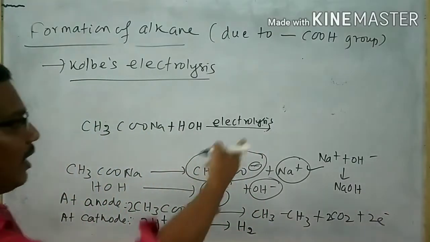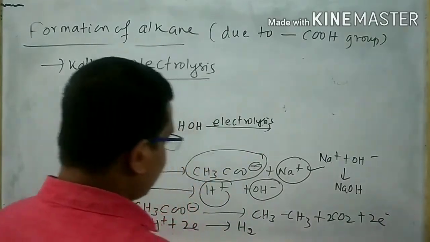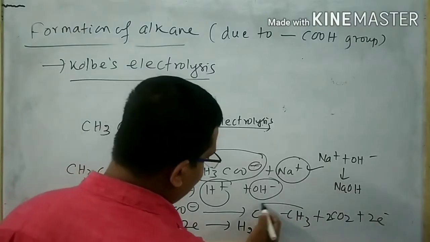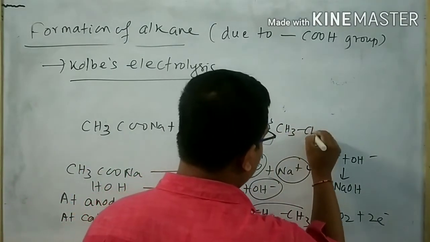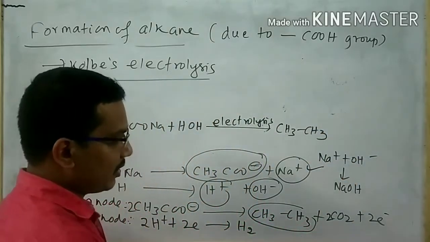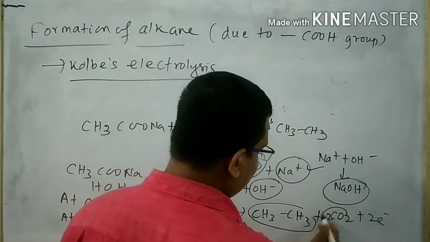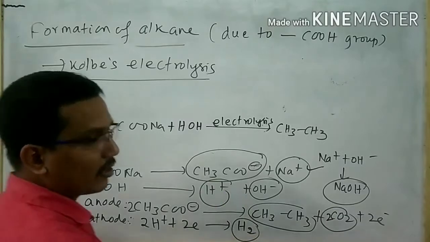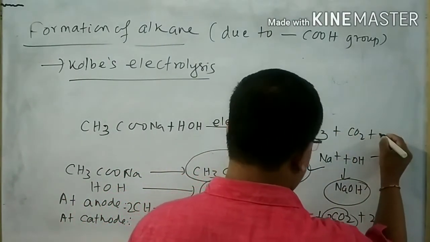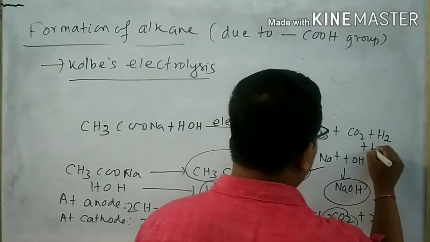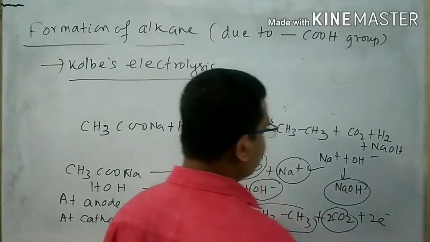Then what will be the product? At first I will think about the main product, that is your CH3-CH3. So we can write here CH3-CH3. The byproducts are sodium hydroxide, carbon dioxide, and hydrogen. So we can write CO2 plus H2 plus NaOH.